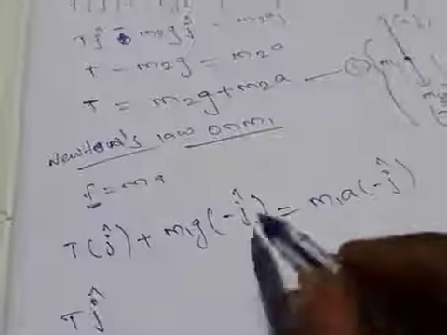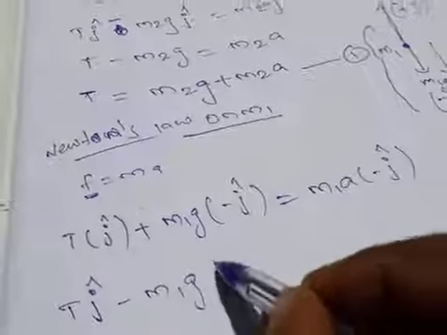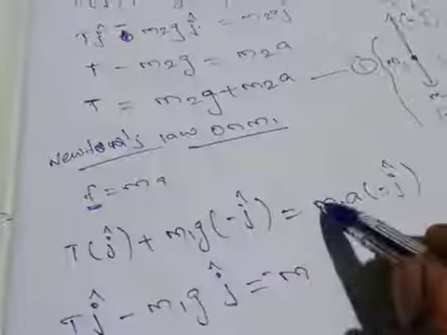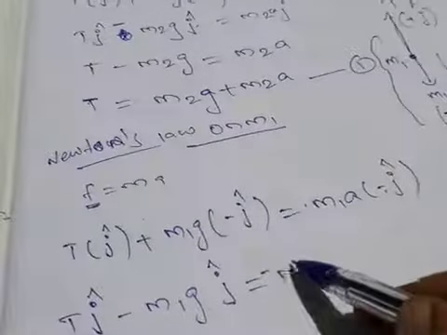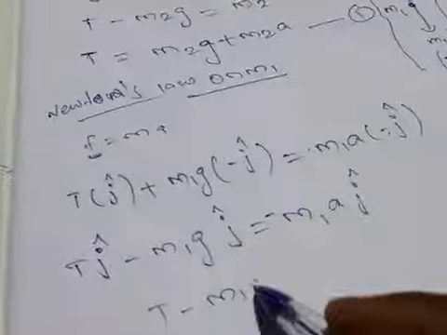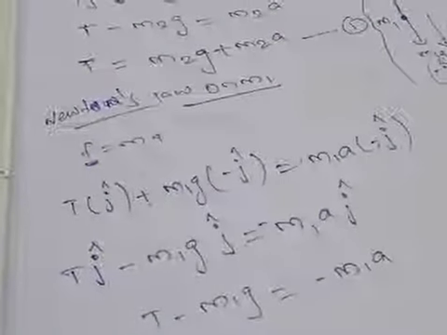Now you see how this equation will change. T j unit vector, this minus will come here, minus M1 g j unit vector is equal to, minus will come here, so M1 minus M1 a j unit vector. Now you can compare the components, so what will come? T minus M1 g is equal to minus M1 a.